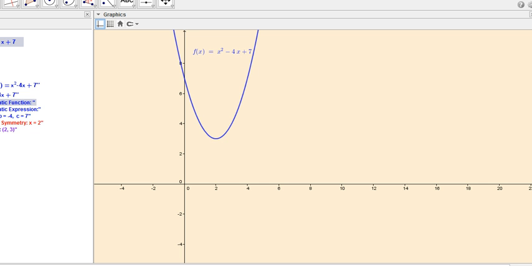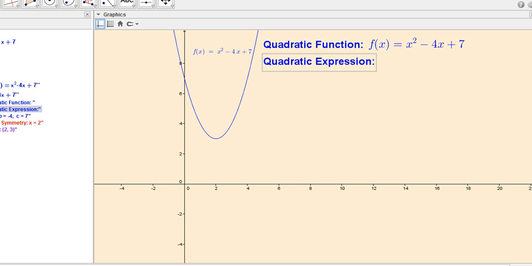The quadratic function is f of x equals x squared minus 4x plus 7. The quadratic expression is x squared minus 4x plus 7. Please note, this is your function, and this is your expression.